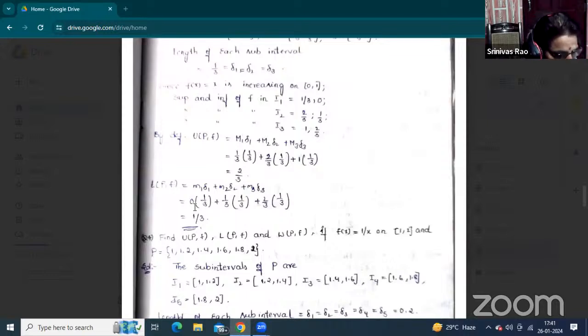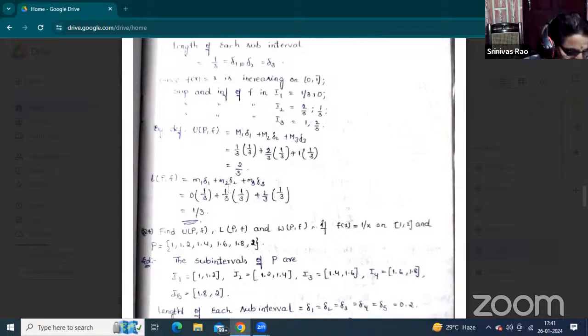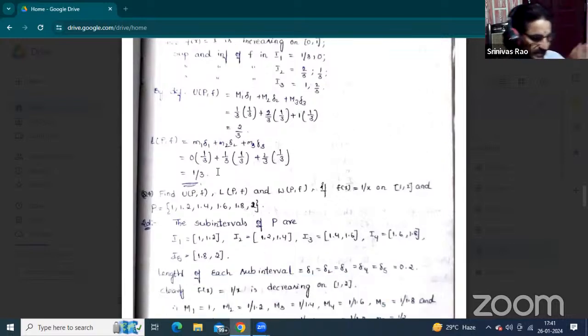Now substituting those values for del 1, del 2, del 3: all the lengths of the subintervals are the same, because the rth subinterval's length is del r. Del 1 is the length of the first subinterval, del 2 the second, and del 3 the third. After the simplification we are getting the value 1 by 3.